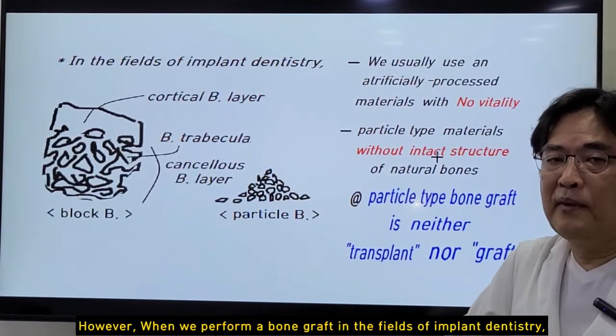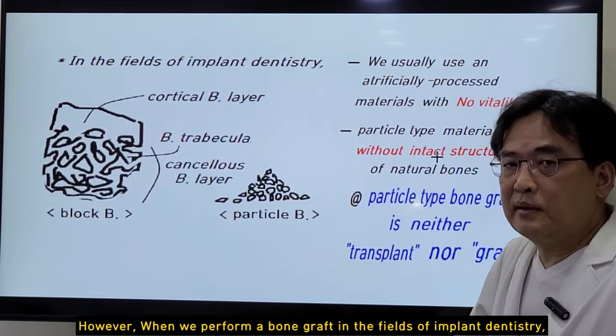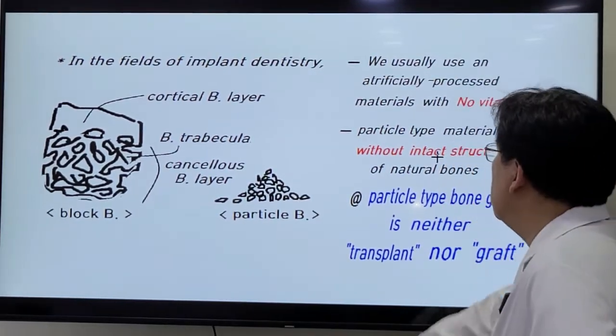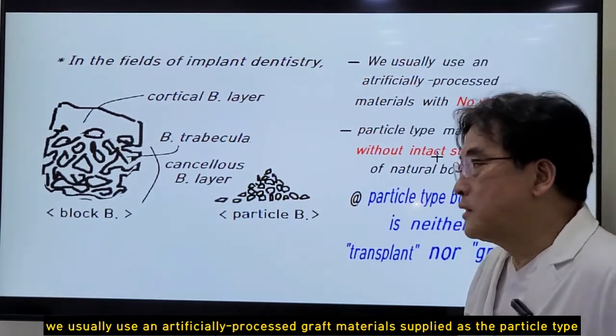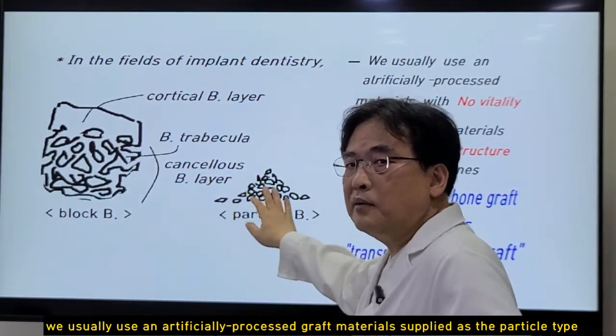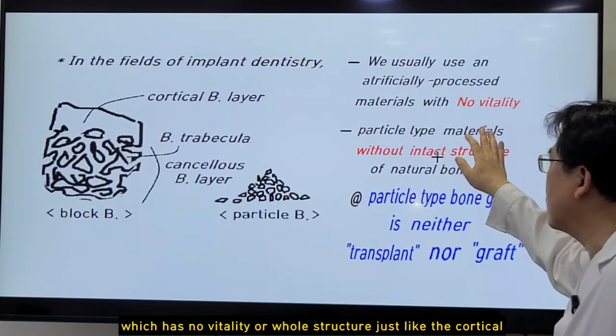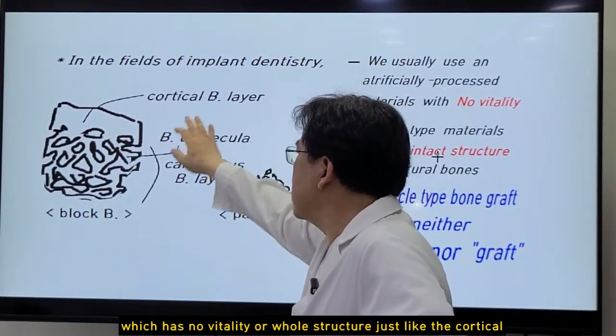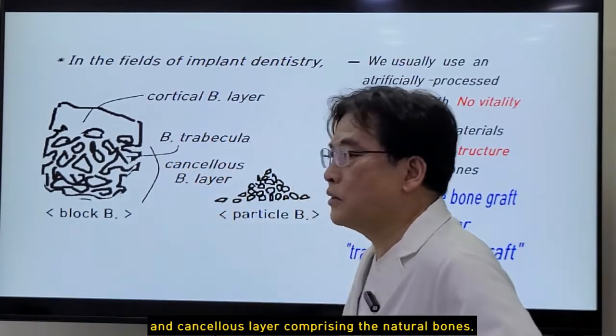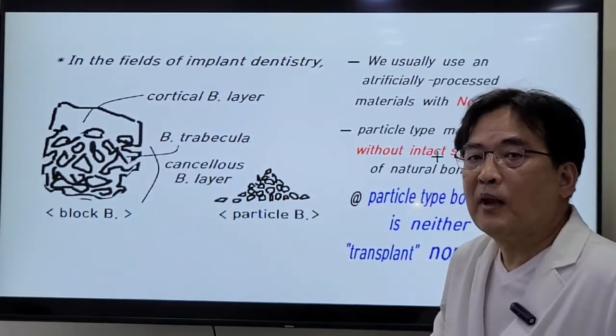However, when you perform bone graft in the field of implant dentistry, we usually use artificially processed graft materials supplied as particles, which have no vitality or whole structure, like the cortical and cancellous layers comprising natural bone.